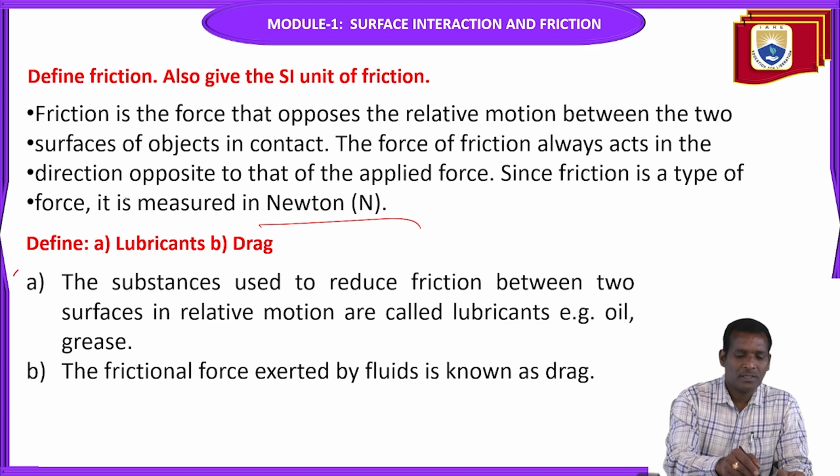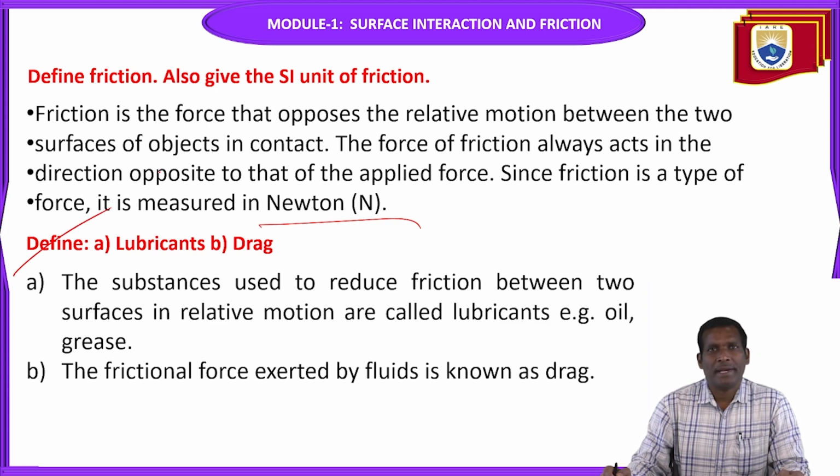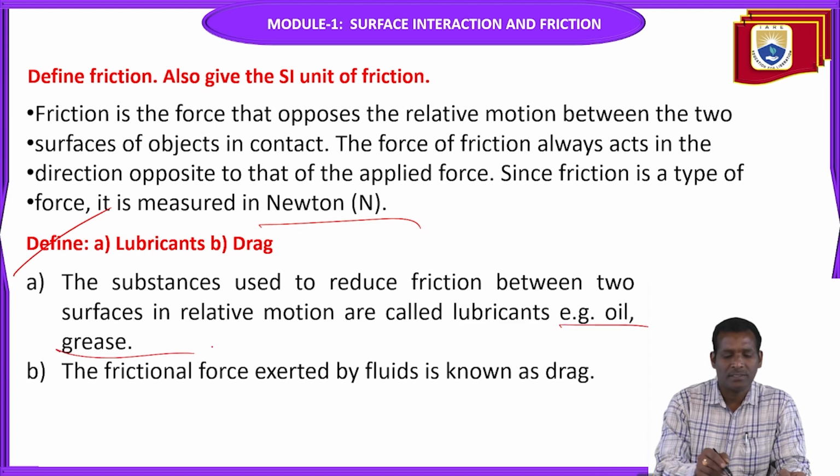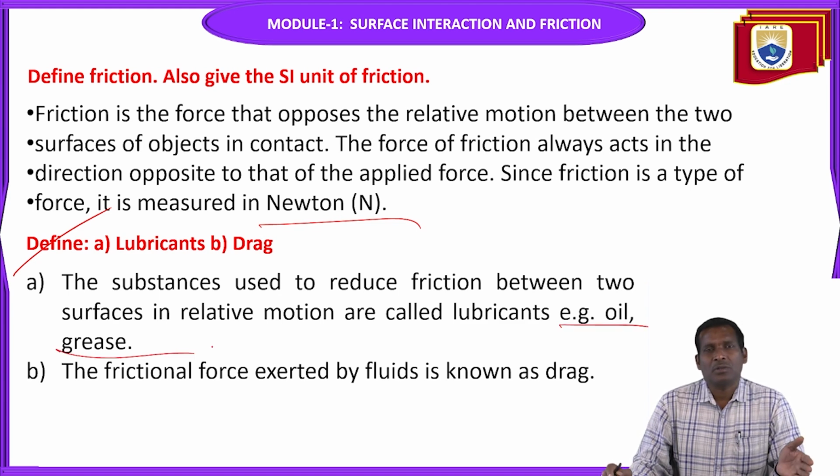Let's define lubricants and drag force. The substances used to reduce friction between two surfaces in relative motion are called lubricants. Examples are oil and grease. In the first and second slides, we studied friction, its definition and the causes of friction.